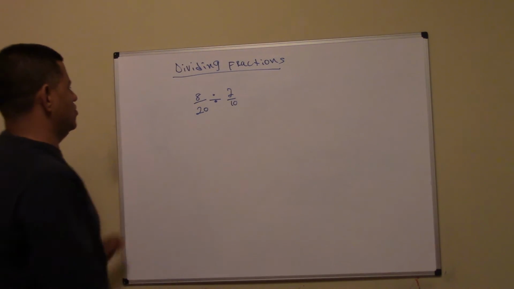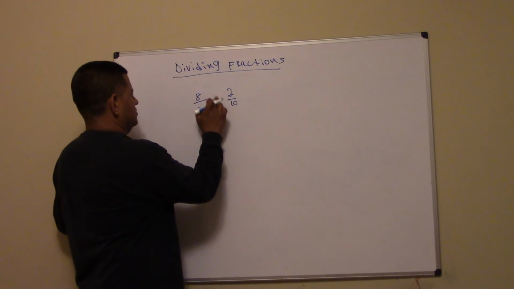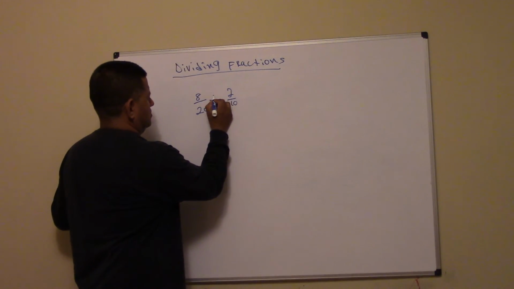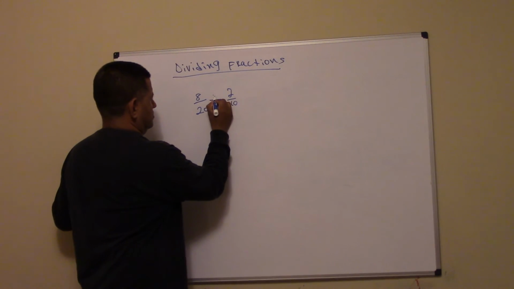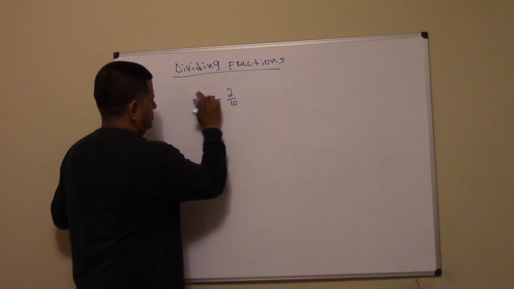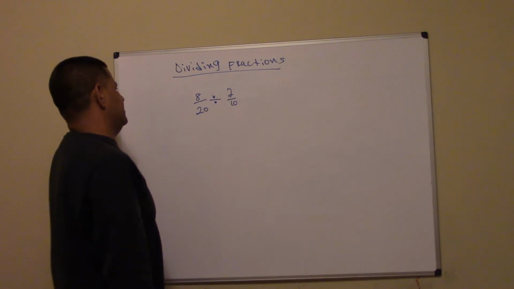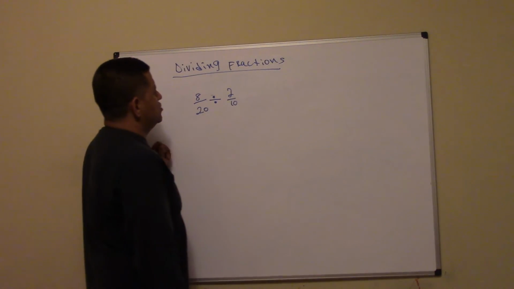Okay, so 8 over 20 divided by 2 over 10.